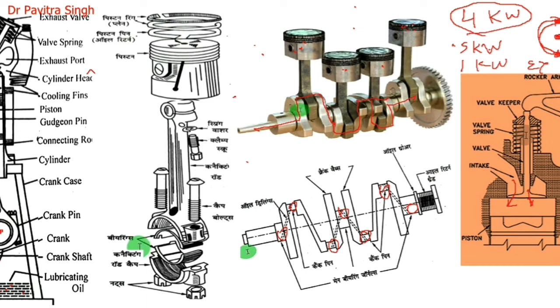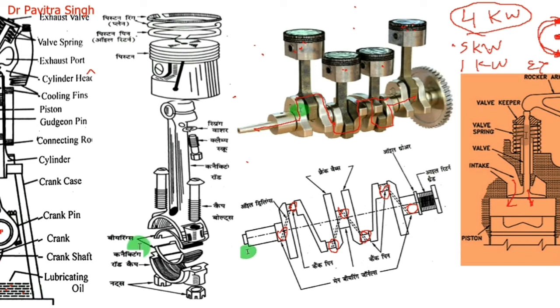Actually, this is the camshaft, and this is the cam. Clear? This arrangement is the cam, and this cam is mounted on this camshaft. This is actually eccentric. When this rotates, this slope will lift this cam follower.